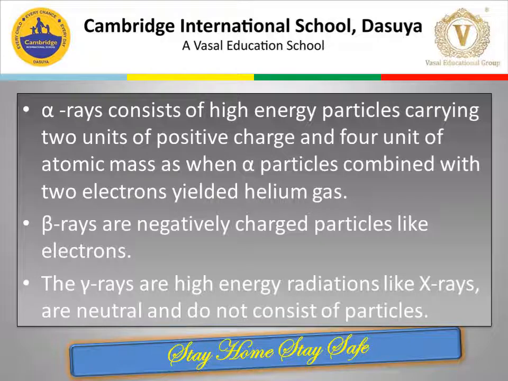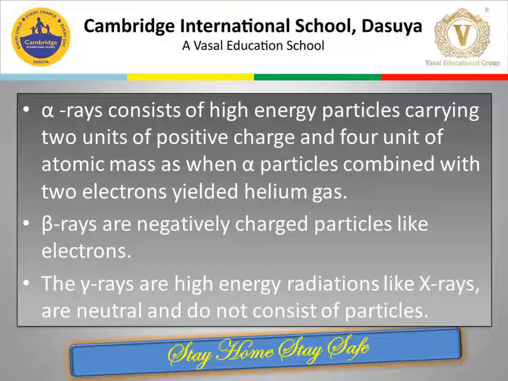The alpha rays, which were attracted toward the negative plate, consist of high energy particles carrying 2 units of positive charge and 4 units of atomic mass. When an alpha particle combined with 2 electrons, it gave helium gas.